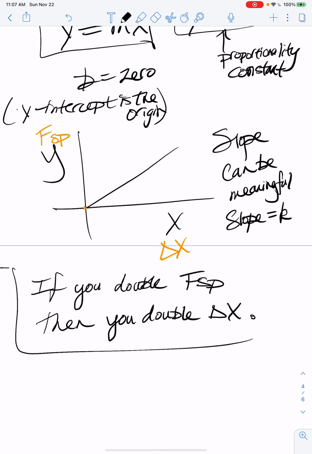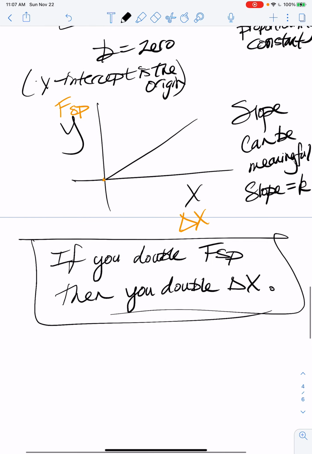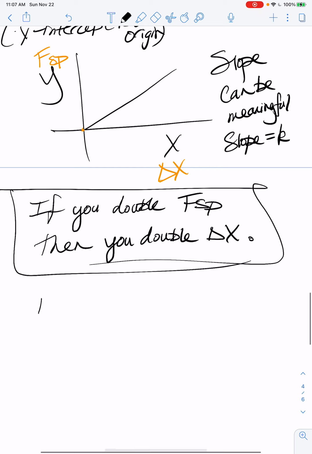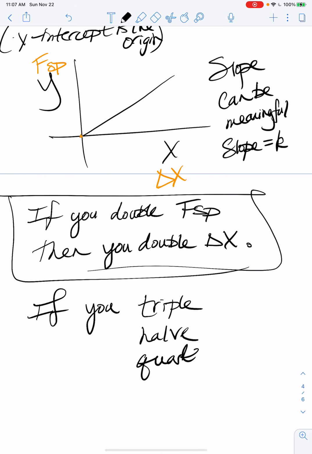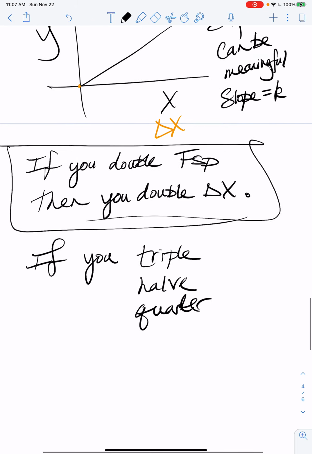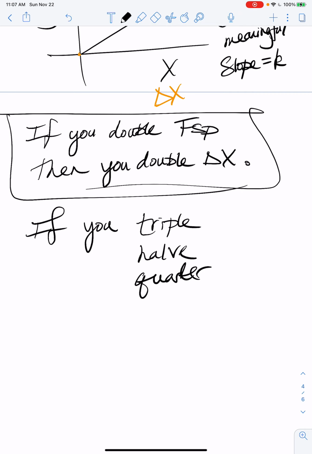And this is what's so important about a proportional relationship, because the slope is constant, because m is constant. I could have said if you triple, or if you quarter, right? And all these would be true. Then you triple, halve, or quarter the other, right?